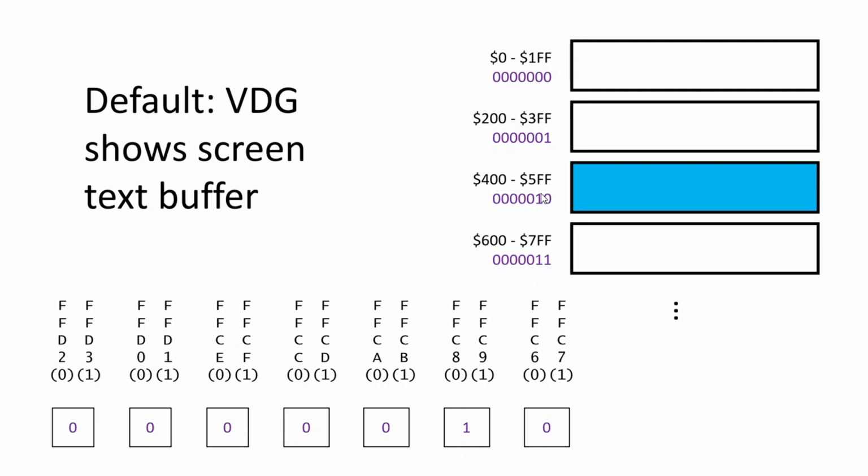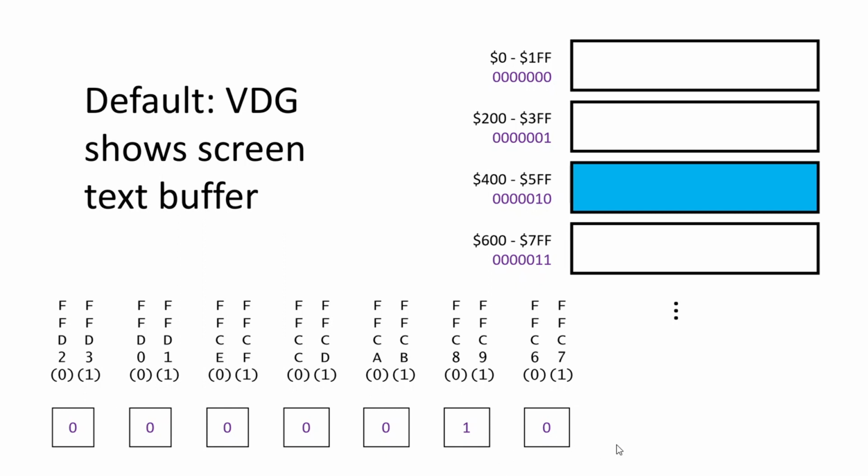So if I want a 0 in this spot, I have to poke into FFC6. If I want a 1 in this spot, I have to poke into FFC9. And so on, FFCA, FFCC, FFCE, FFD0, FFD2.